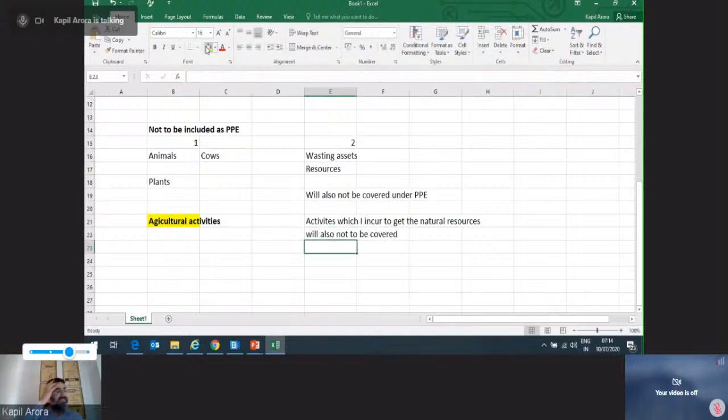For example, let's assume Indian Oil wants to explore an oil reserve in the sea. To find out the oil in the sea, it's not an easy process. You have to deploy so many assets, take permission, do research, and do a lot of things to find out whether that place has oil or not, so you incur a lot of expenses.